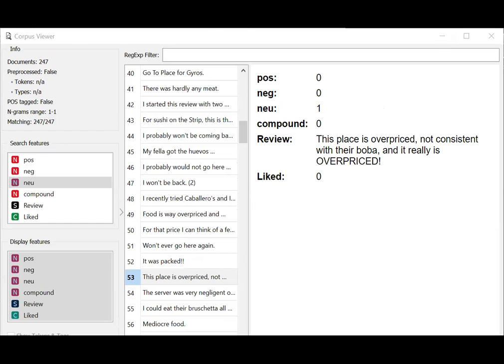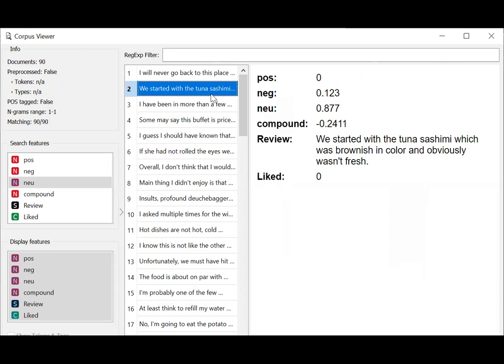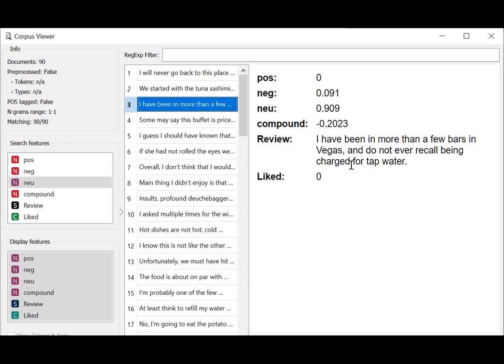Okay, so let me choose the last one here. Here, we can see a mixture of negativity and neutral because the dominant color is blue. However, it has some mix of green in here. I have been on a few dates and do not comment.